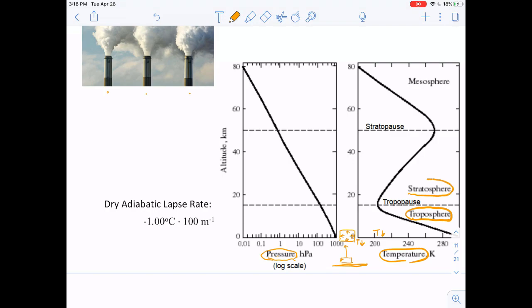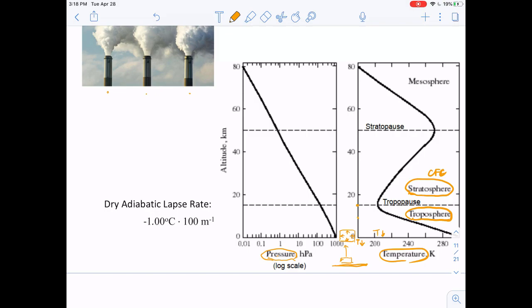But in the stratosphere, there's an ozone hole happening because of the release of the CFC from the Earth. The troposphere is typically around 16 kilometers over the Earth, and of course it includes all of the human activities.